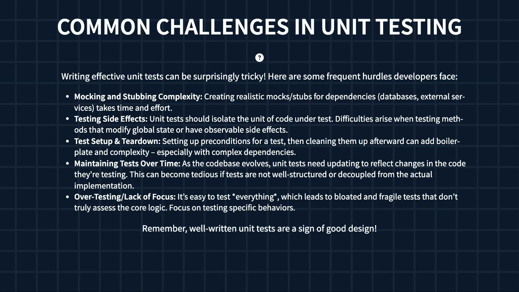Setting up and cleaning up before and after each test can also add extra code. And as your project grows, keeping those tests updated alongside the changes in your code is a constant task. Finally, it's easy to fall into the trap of testing everything, which leads to really long and fragile tests that aren't actually giving you much insight into how your code behaves.